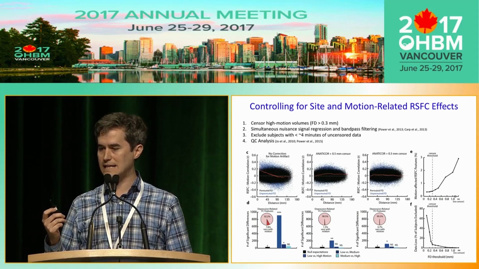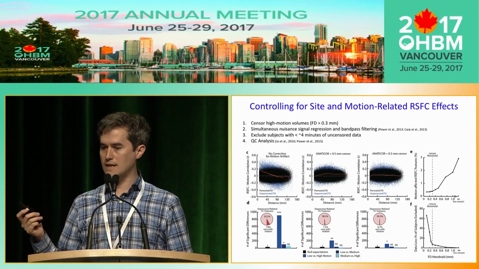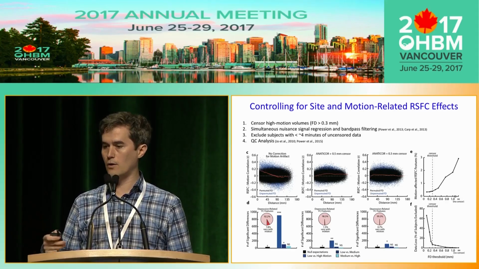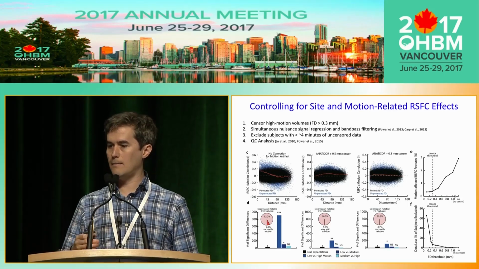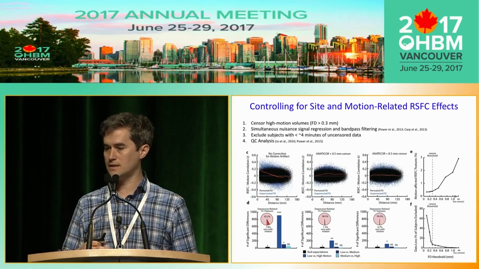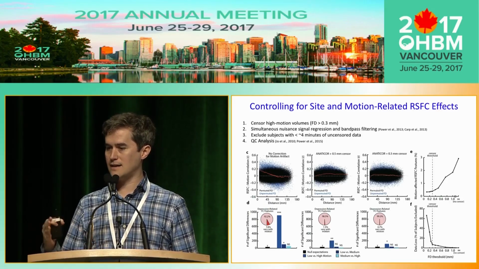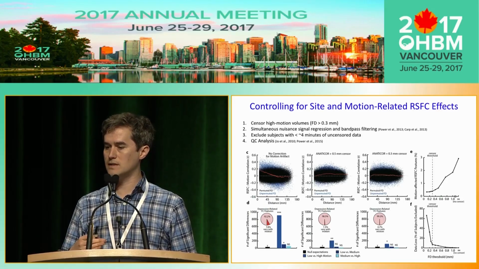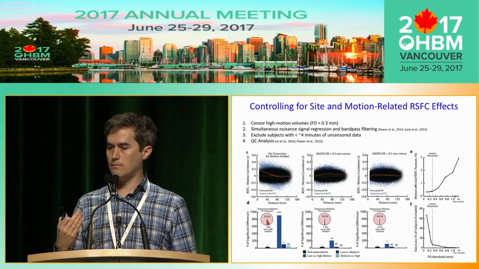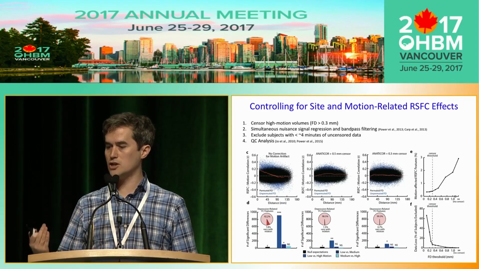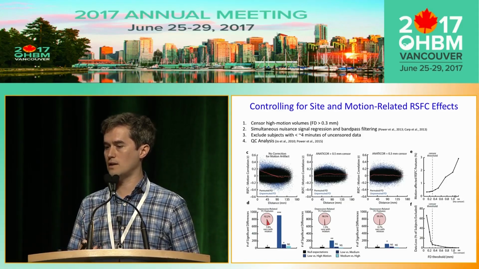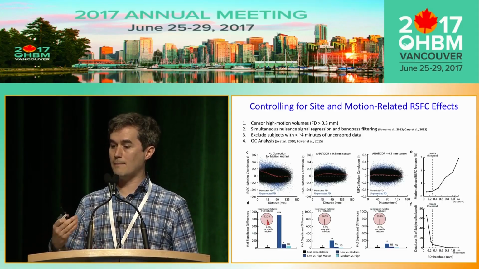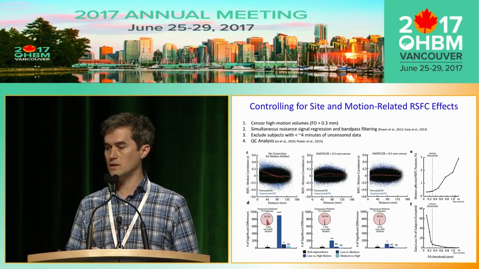That's what you see in panel D at the bottom for 3 different ways: on the right, no correction for motion artifact; in the middle, the ANAT-ICOR method plus a 0.5 millimeter censor; and on the right, ANAT-ICOR plus 0.3 millimeters. And you see that we can do a pretty good job of reducing the number of functional connectivity features that come up as different in high motion versus low motion subjects.